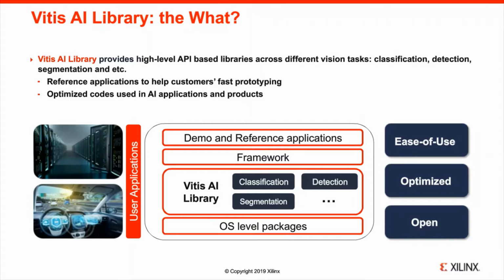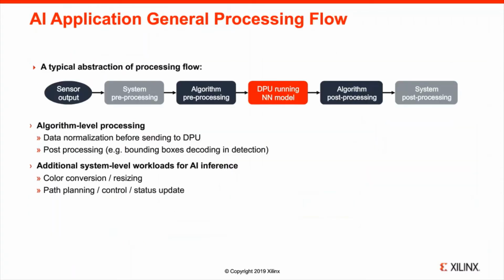The general process of an AI application is shown here. First, we have the sensor output. For a typical vision-based task, the sensor is usually a camera. After that, we have some system-level pre-processing, usually video stream encoding and decoding.